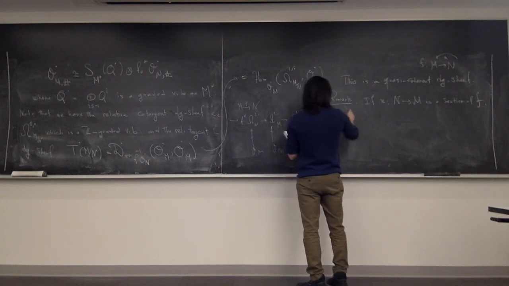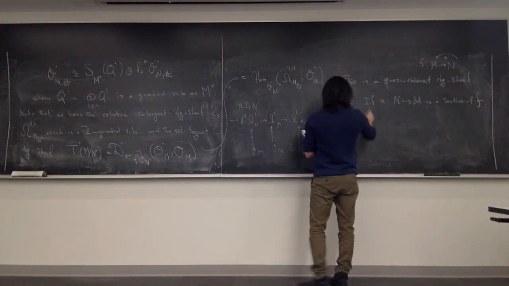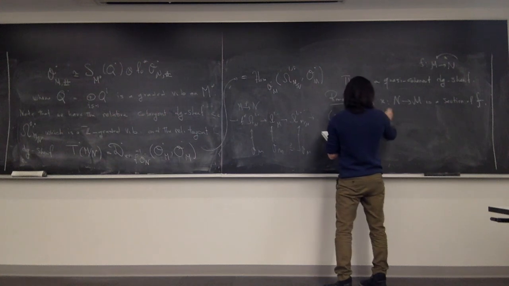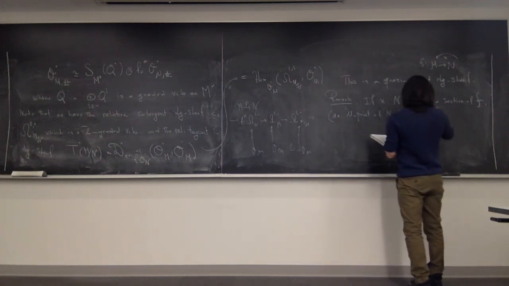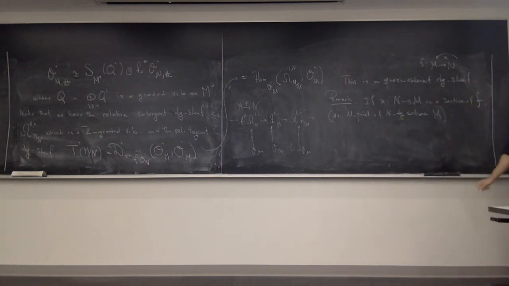An endpoint of an N DG scheme. It's a scheme over N, so it's an N DG scheme. This is an N DG scheme, and I'm looking at an endpoint of this N DG scheme.